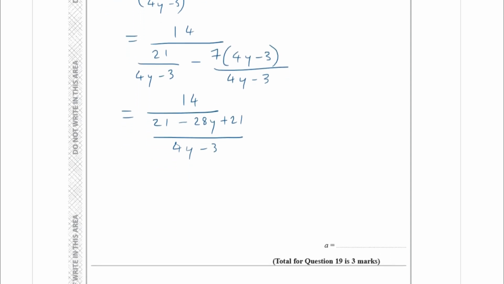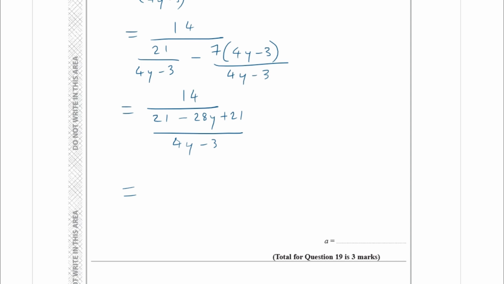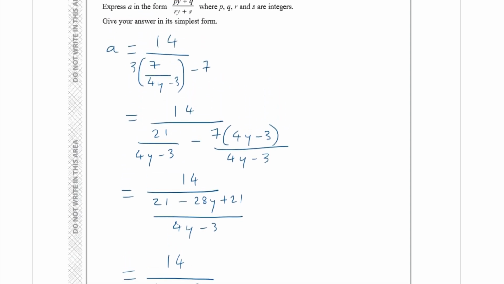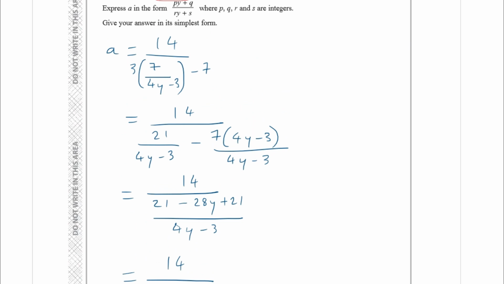Now for our next step here, we still have 14, so we're going to keep the 14 at the top, and we're going to divide that by, so 21 plus 21 is 42, minus 28y, and this is divided by 4y minus 3. Now, important to note here that 4y minus 3 is at the bottom as a fraction, so it's like a whole number. If you notice the structure of the initial question, we have 14 divided by a fraction.